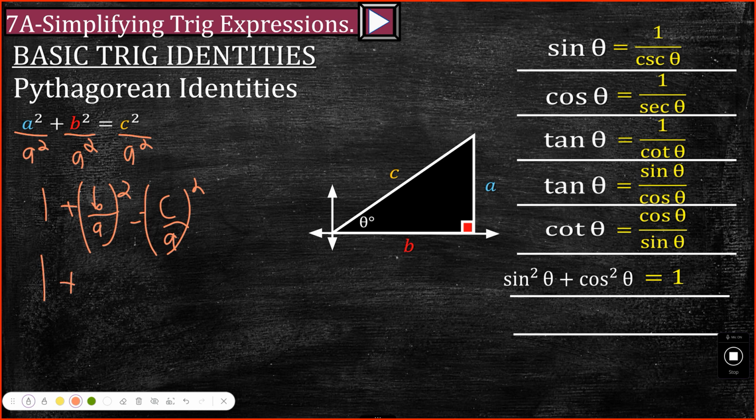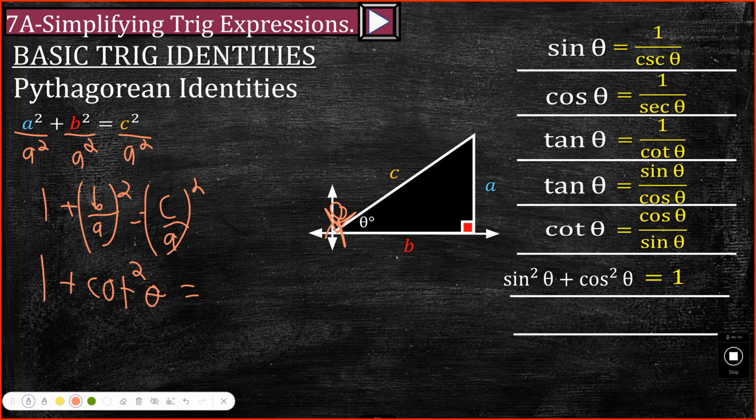What's B over A? Impress the class. Somebody say it. With reference here, what's B over A? Cotangent. Thank you. And what's C over A?